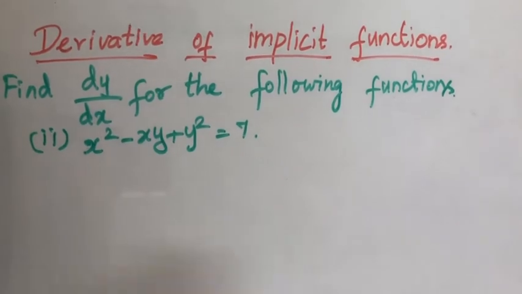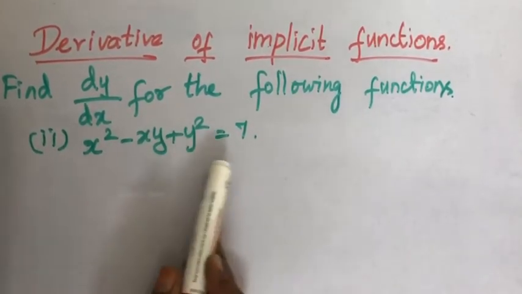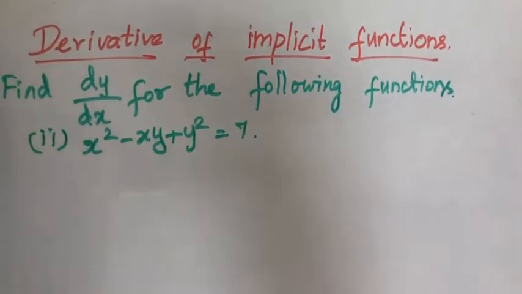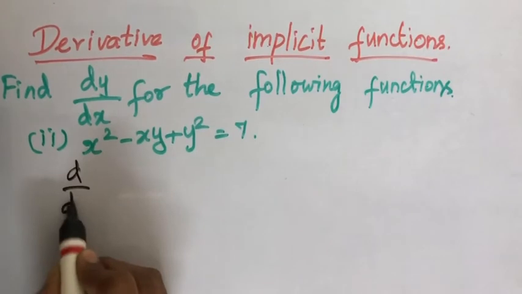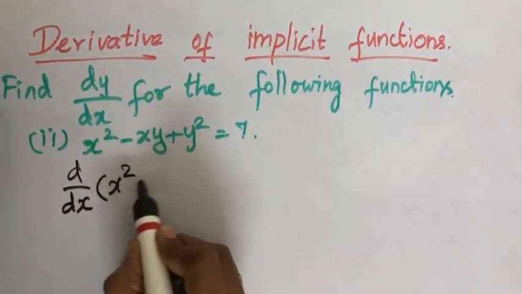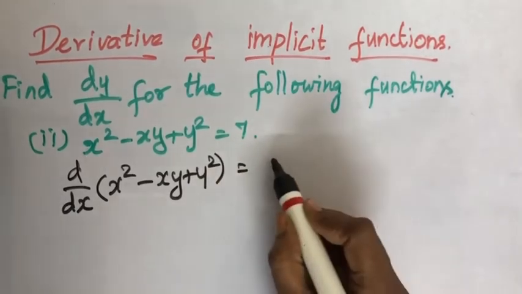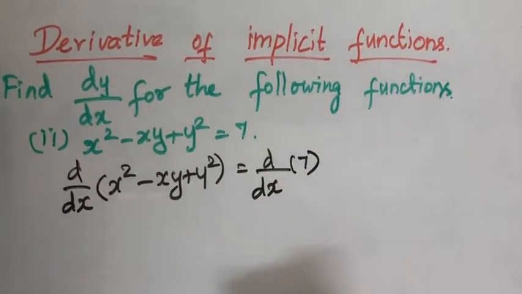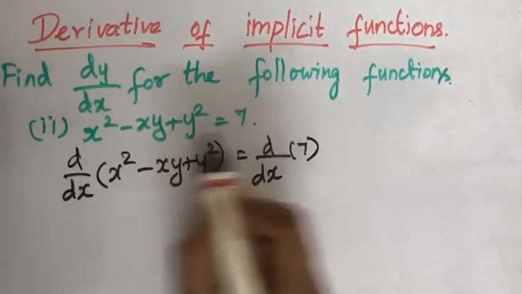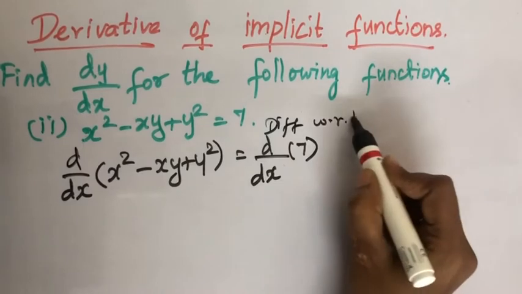Find dy by dx for x square minus xy plus y square is equal to 7. We have to differentiate both the sides. So, d by dx of x square minus xy plus y square is equal to d by dx of 7. Differentiating with respect to x.